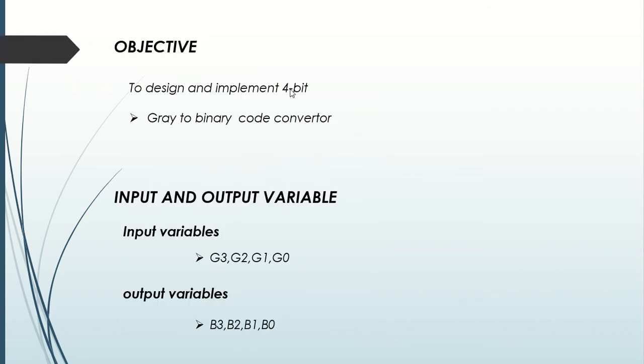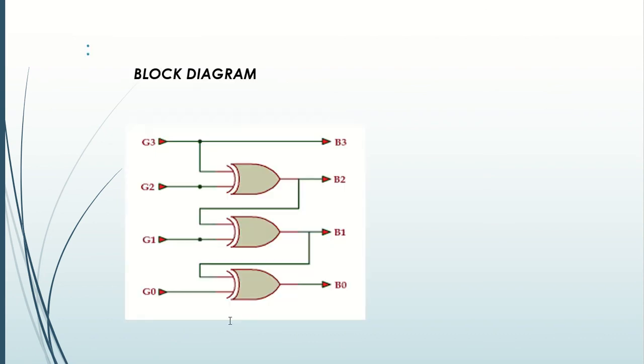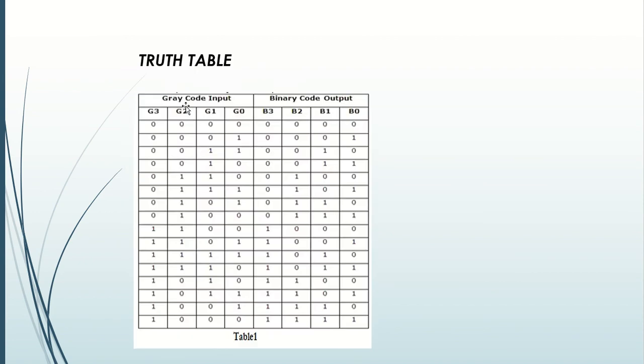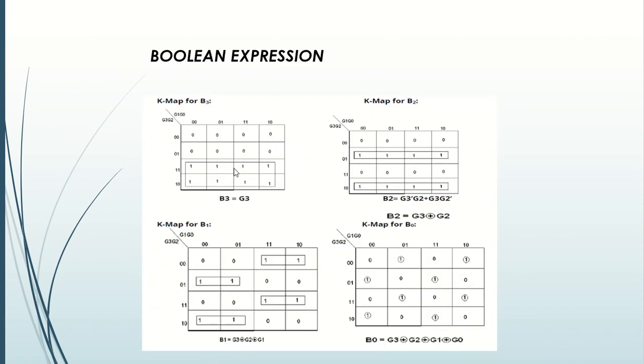Objective: to design and implement a 4-bit gray to binary code converter. The input and output variables. Input variables G3, G2, G1, G0. Output variables B3, B2, B1, B0. The block diagram is shown here. The Boolean expressions of B3, B2, B1, B0 are derived using the K-map.